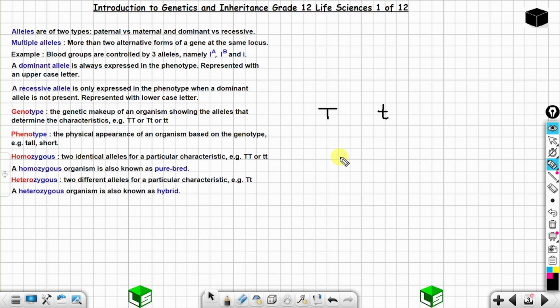So if you receive one like this from the father and another one like this from the mother, you have two dominant alleles. This person is going to be tall.